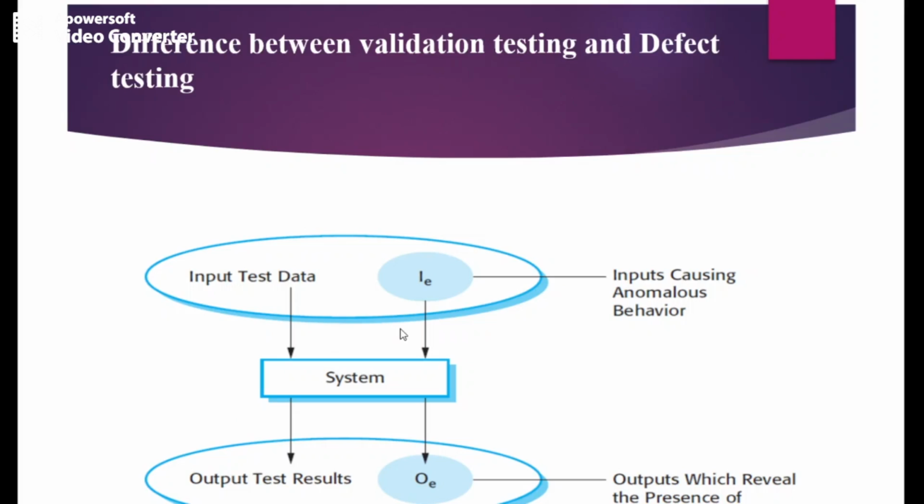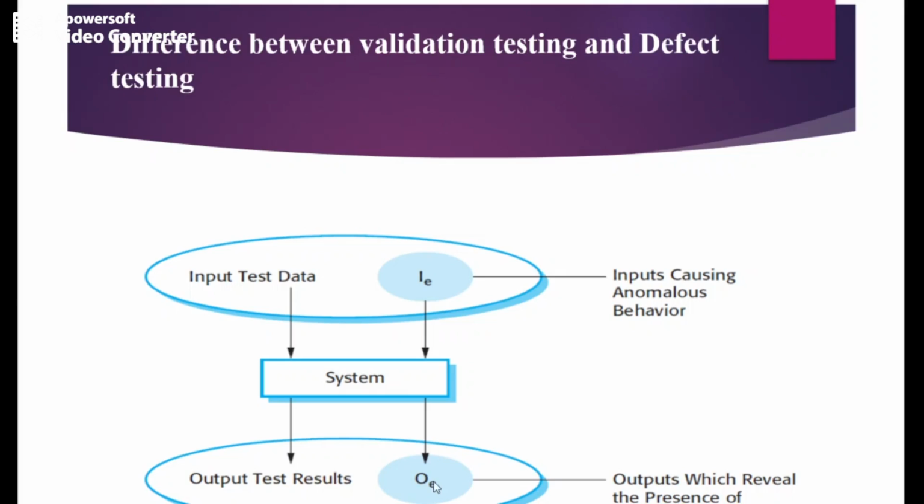But if I want to do defect testing, this is your input test data. Here I have one section, that is Ie, which means these are inputs. I am giving invalid inputs or erroneous inputs, which will actually cause incorrect output, or you get some errors that will be highlighted.